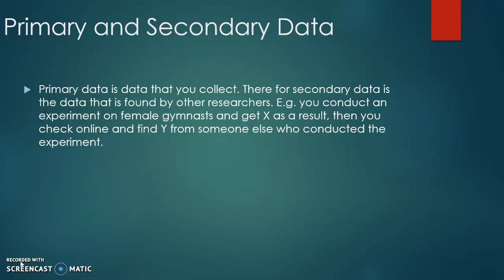But a good thing for primary research is you know every step that's been taken to find the results. Whereas with secondary data, a big problem is you don't know how good the quality of the research is. You don't know what steps they took to find it. However, it is very easy and quick access. You can just go online, look it up. Therefore, it's really good to use to compare your data to.